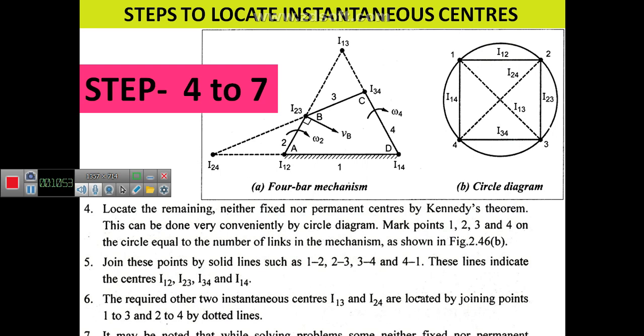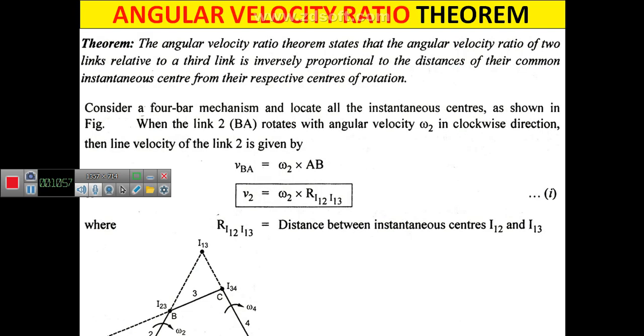After that, you have to do some calculation using the concept of the angular velocity ratio theorem. This theorem states that the angular velocity ratio of two links relative to the third link is inversely proportional to the distance of their common instantaneous center from the respective centers of rotation.